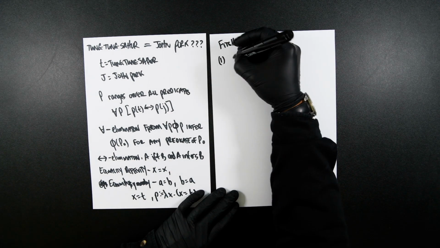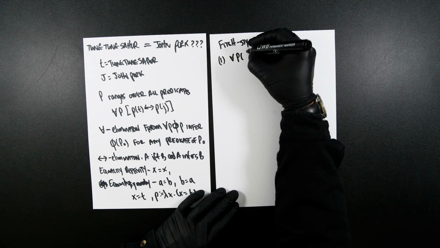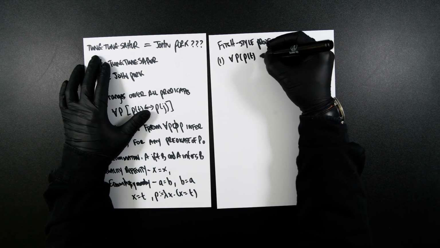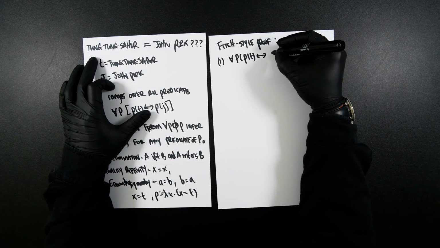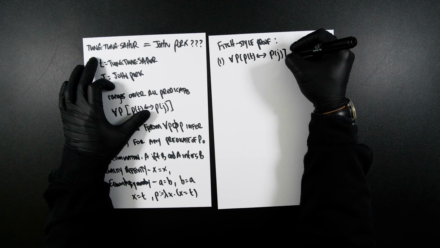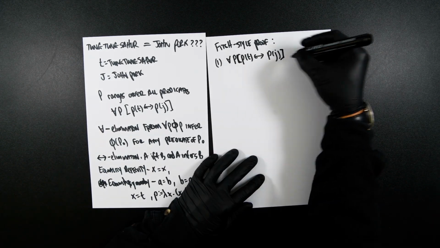So we've got our first one, which is the premise. So we're basically supposing that Tung Tung Sahur is John Pork. So this here is the premise.